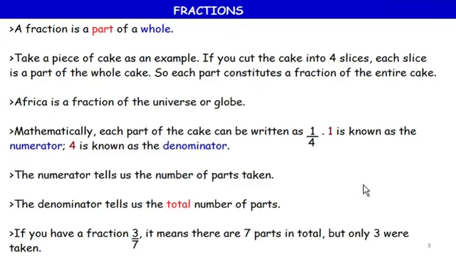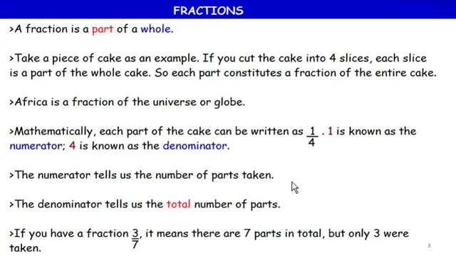In the same vein, you can think of the countries within the continent as a fraction of the continent. So when we take the continent Africa, we can view, let's say, Ghana, Gambia, Nigeria, Sierra Leone, Liberia, all these countries as a fraction of Africa. So a fraction is simply a part of an entire whole.